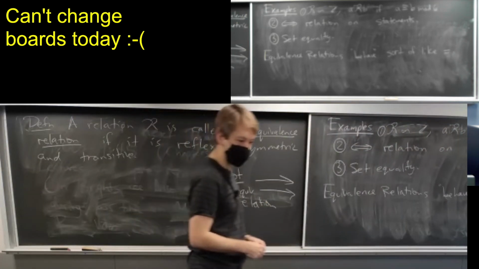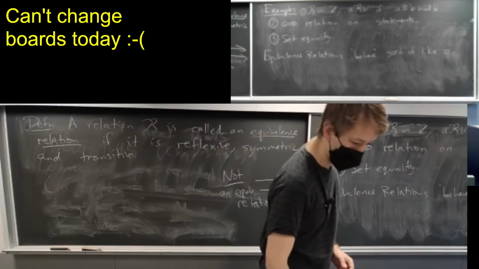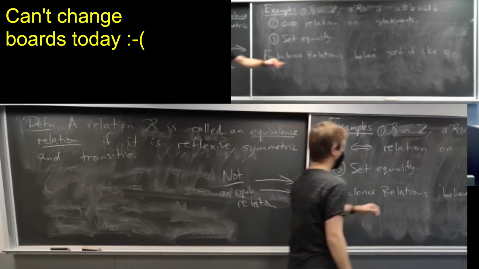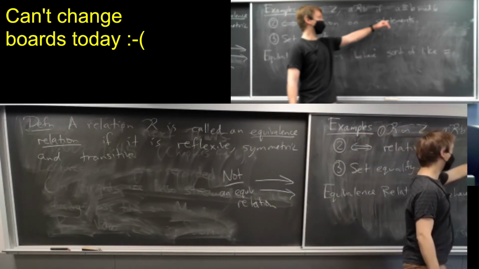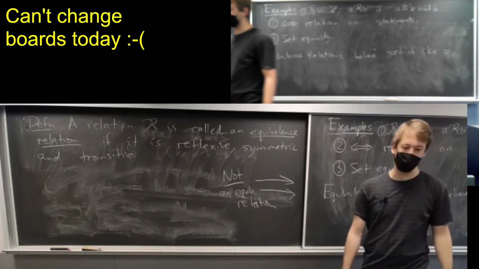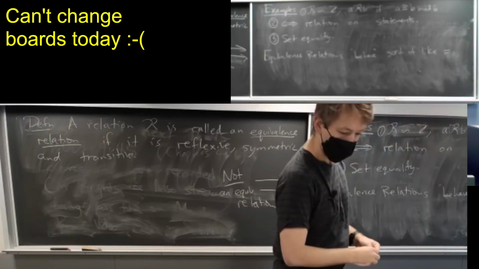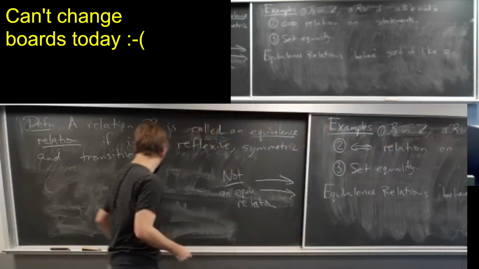Okay, so let's do maybe a couple of examples. I already talked through why the modulo one is reflexive, symmetric, and transitive. Let's do another one.